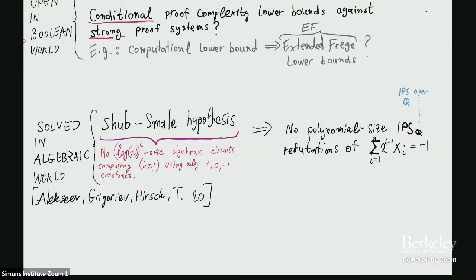This instance is what we call the binary value principle. These are 0, 1 variables, and this is the bits of a number, and this is the value of the bit string of the binary number.